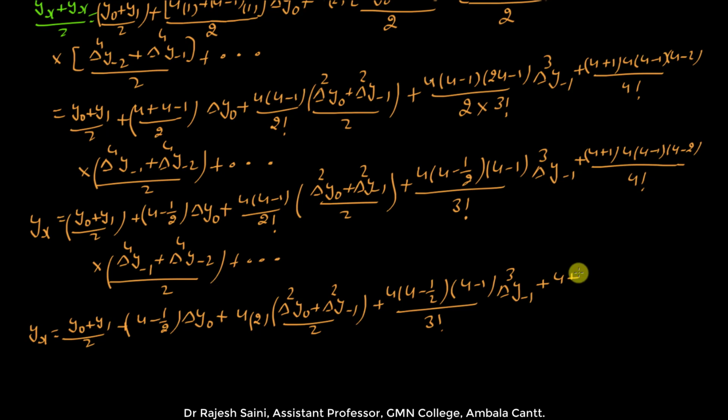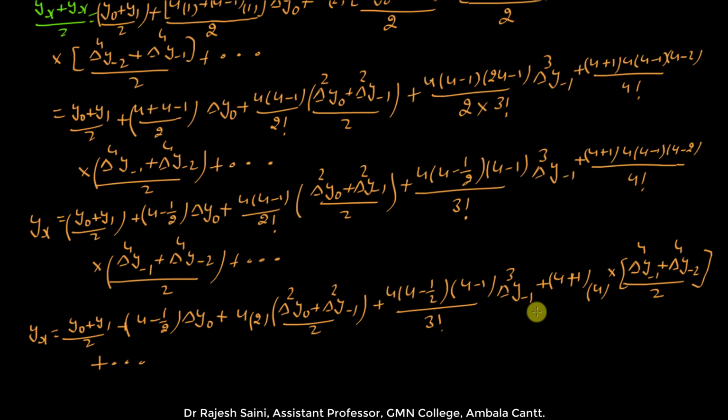Fine. And this can be written as (u plus 1) subscript 4 into this one, delta 4 y minus 1 plus delta 4 y minus 2 divided by 2, plus up to so on.